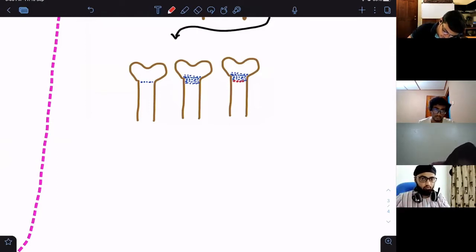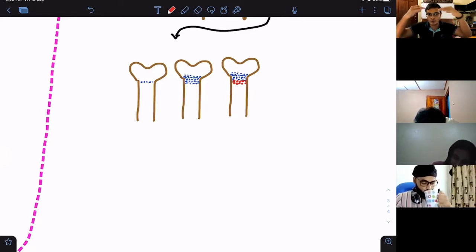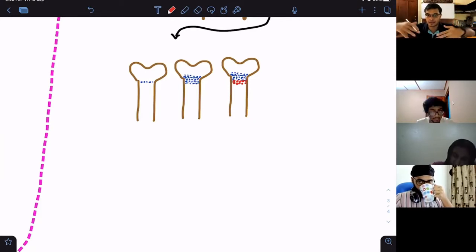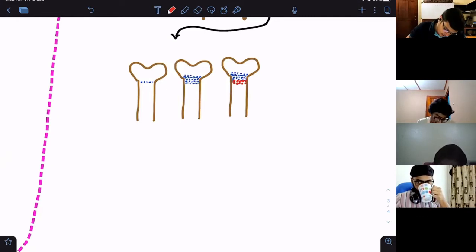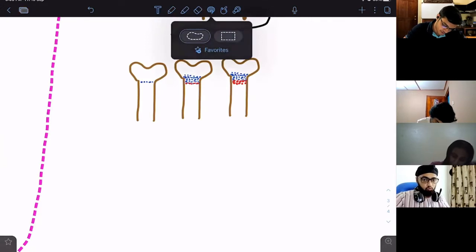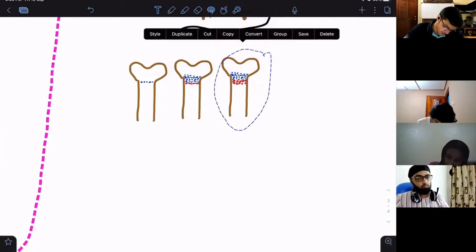The ones that I'm drawing in red now are those old chondrocytes that have calcified. The old layers start calcifying, and new layers of chondrocytes start hyperproliferating upward. I will draw one layer like that. Just give me a second, y'all can draw this now.